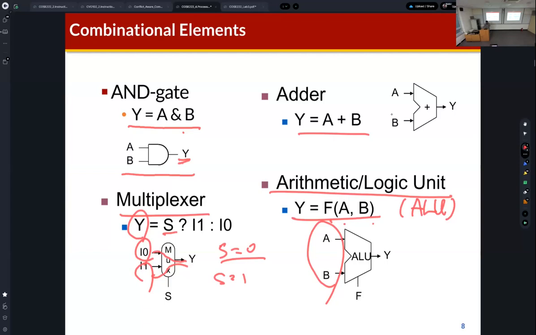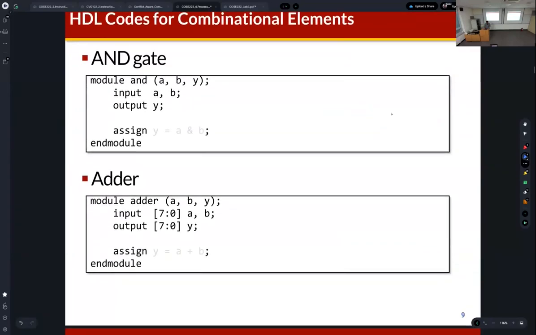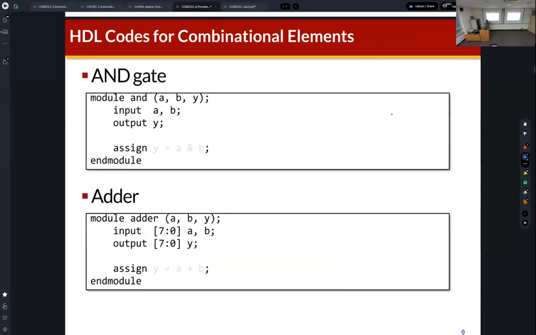Actually, in chapter 4, we will use these elements. I posted the third assignment on Blackboard.